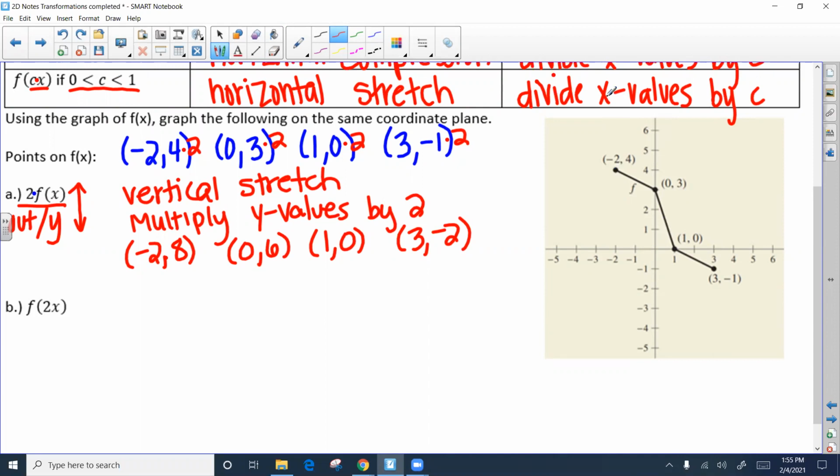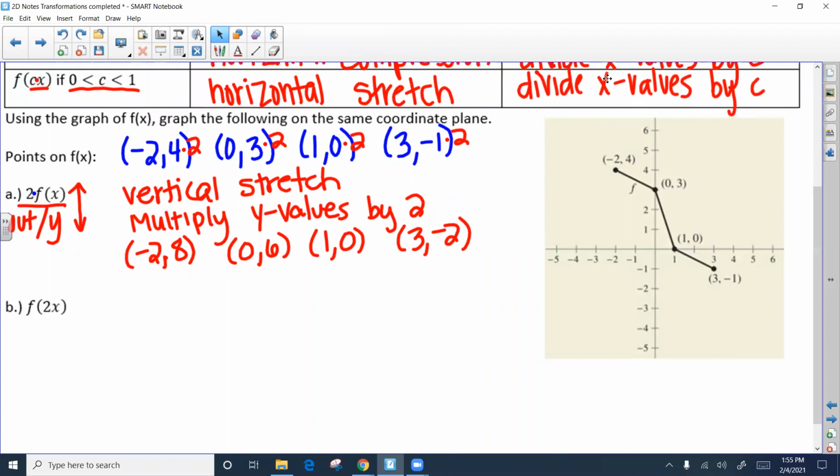I'm just going to put it approximately where it might go, but I know it would be a little bit off my graph up here. My next point would be at 0, 6, which is right here. My point at 1, 0 actually stayed in the same spot. And then the last point is at 3, -2.